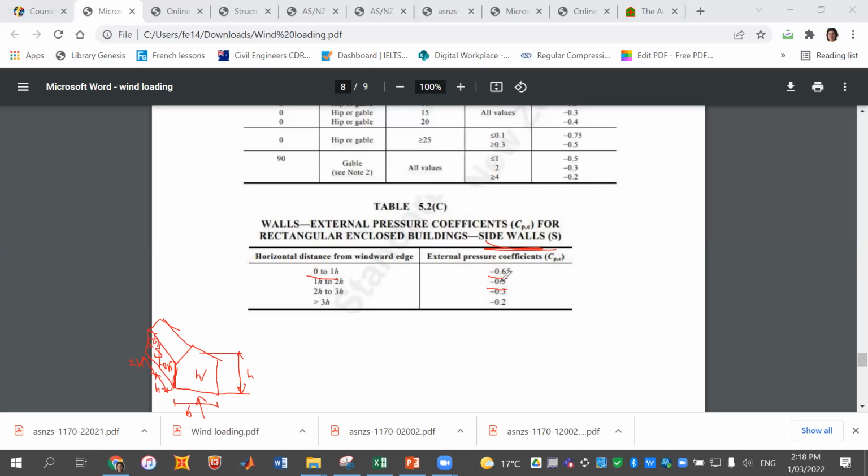When we say minus, it means it's in this direction, outside direction. So when the wind blows in this direction, the load which applies on the side walls is in a way that they are sucking out the wall. So the direction of the wind load will be in that direction.